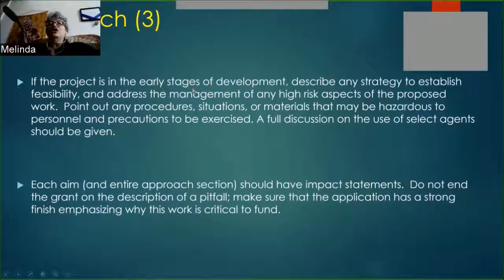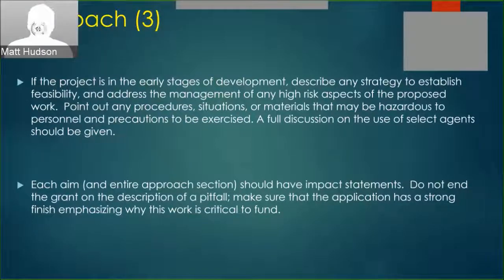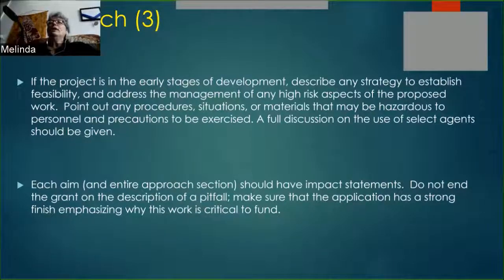Let's say you've never done a protocol: you want to make sure you have a collaborator or a consultant who states explicitly that they will help you with that approach and that they're expert at it. If you have published on it before, you want to state explicitly in the approach, "I have published on this area before, I have done this work successfully before," because that's a high-risk aspect.